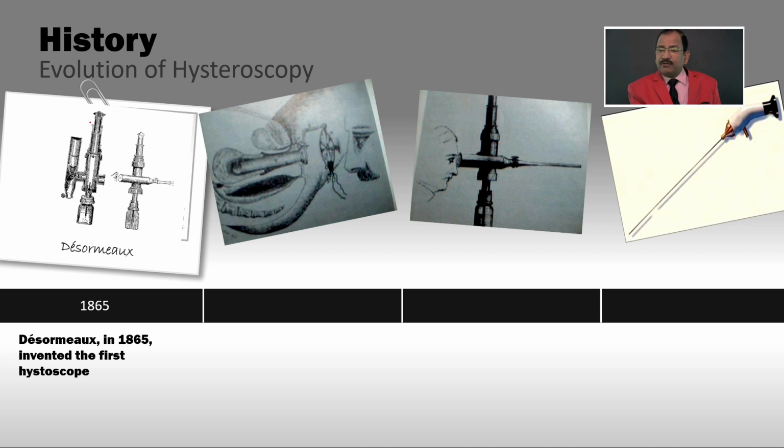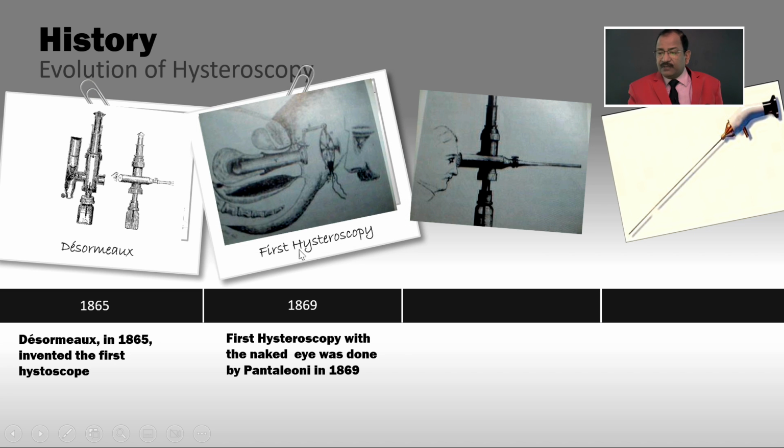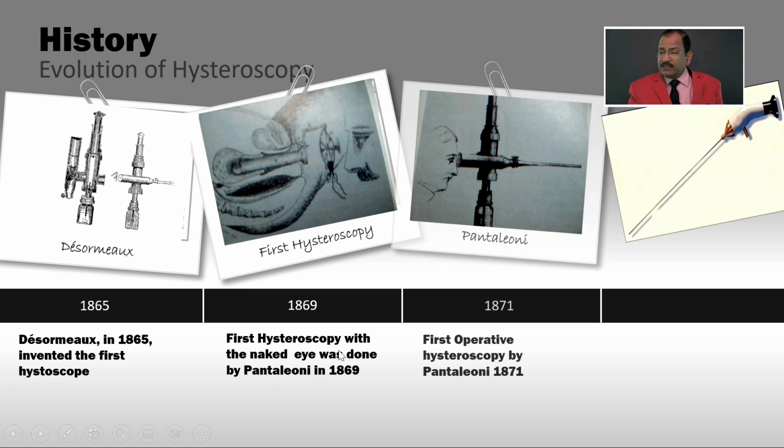So they had two lenses incorporated together, and he tried to view inside the uterus with the naked eye. In 1869, the first diagnostic hysteroscopy was performed, and 2 years later, in 1871, the first operative procedure, both performed by Pantaleoni.